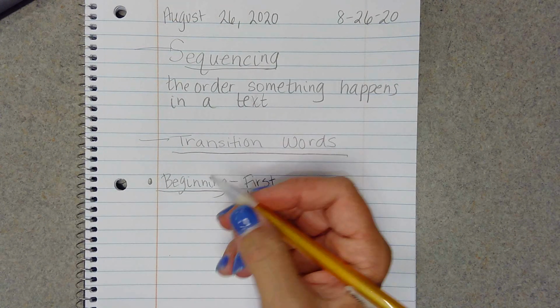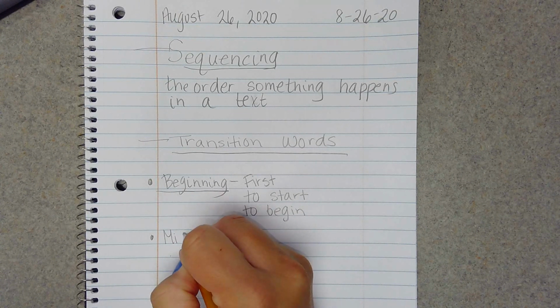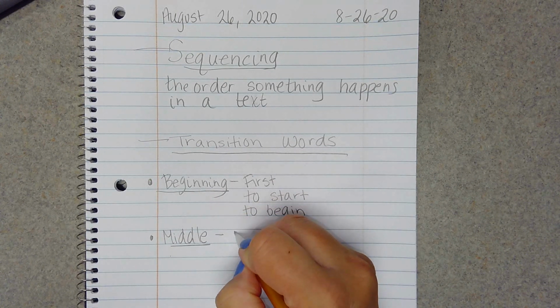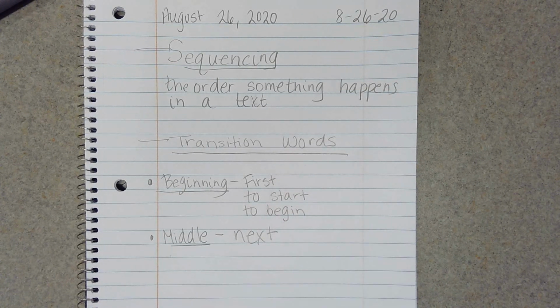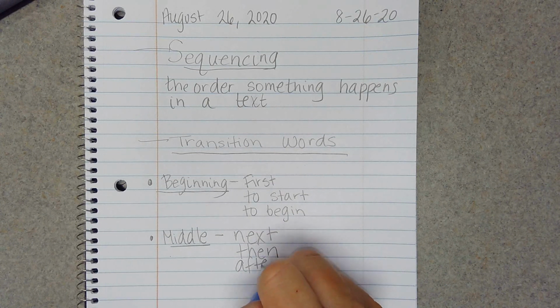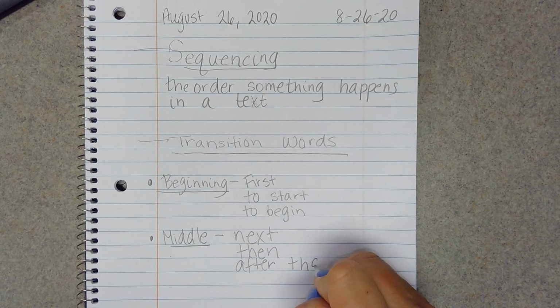All right, now for the middle of a story, if you're writing it or you're reading it, you might see the words or use the words next, then, or after that.